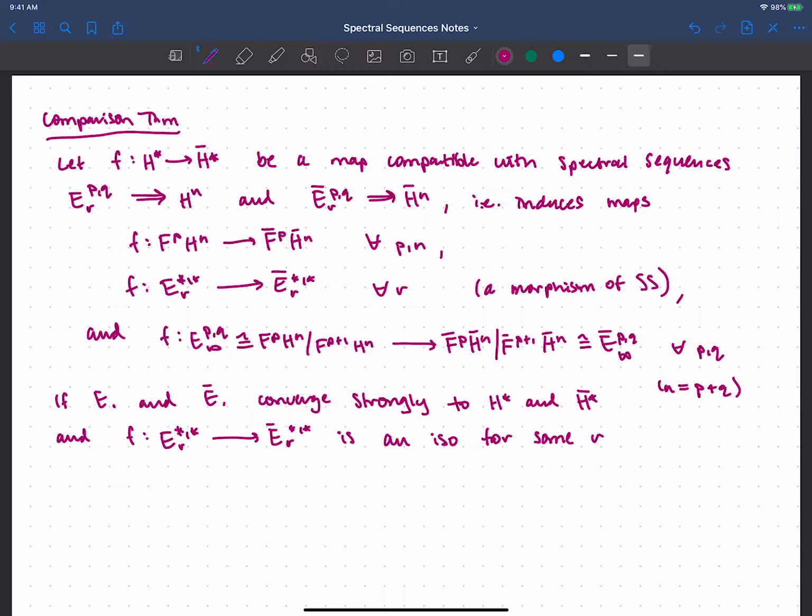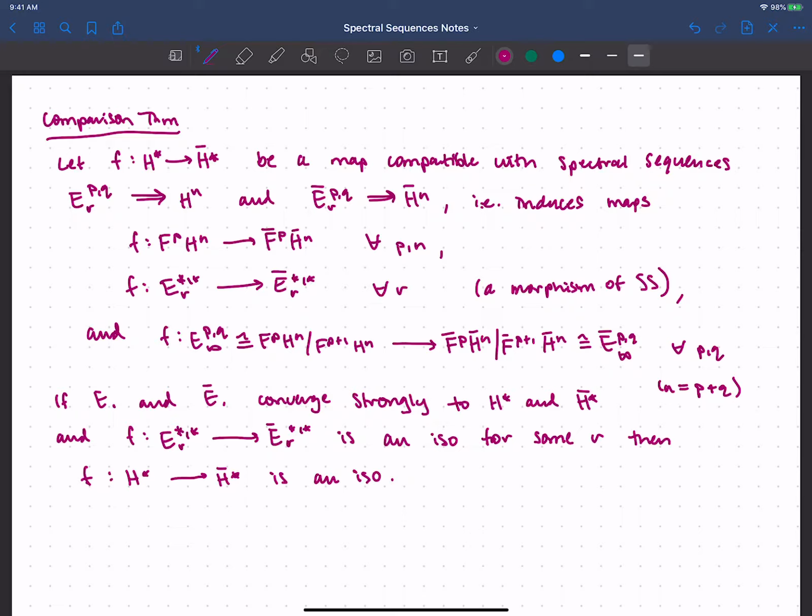Okay, so coming back up here, yes, I have identified these things. Okay, well then the claim is that not just on E infinity pages, but on the things you are converging to, you get an isomorphism. So that map we started with from H star to H star bar is also an isomorphism.